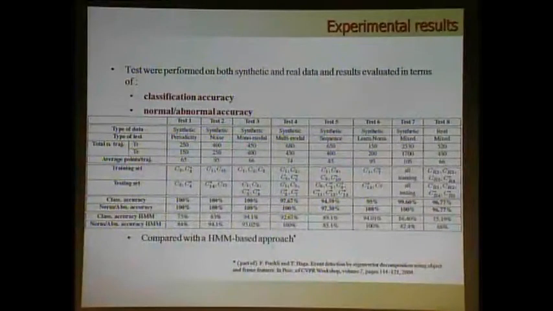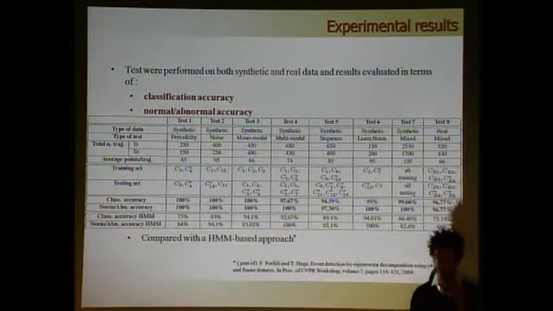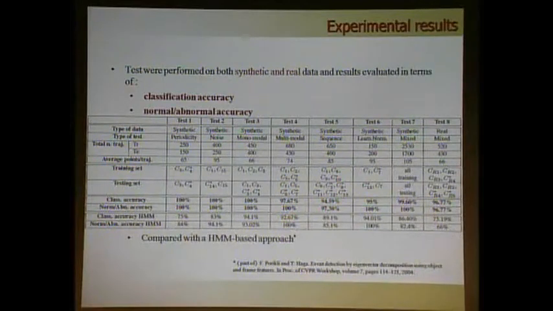The tests were performed on both synthetic and real data and evaluated in terms of classification accuracy and normal/abnormal accuracy, where an abnormal trajectory is a trajectory that is infrequent in the training set.